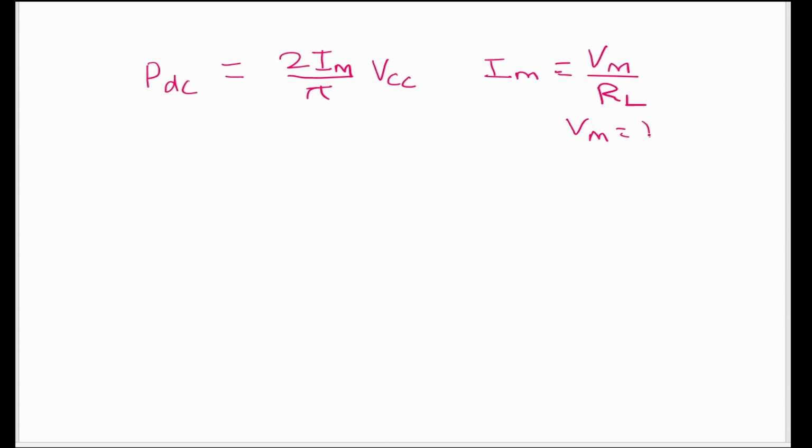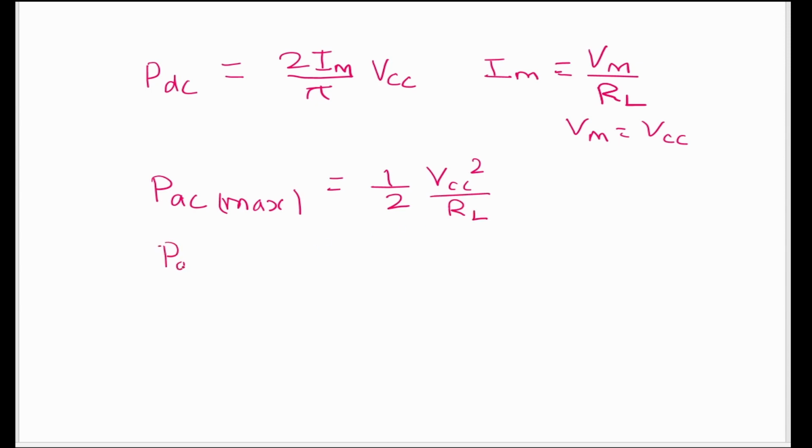Vm is equal to VCC. And maximum AC power in the load can be given by 1 by 2 VCC square divided by RL.